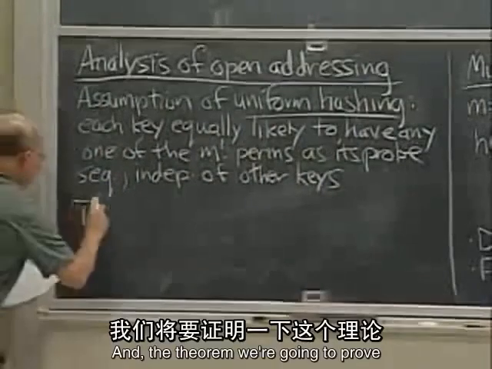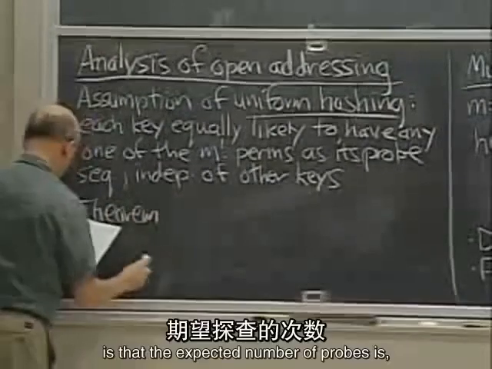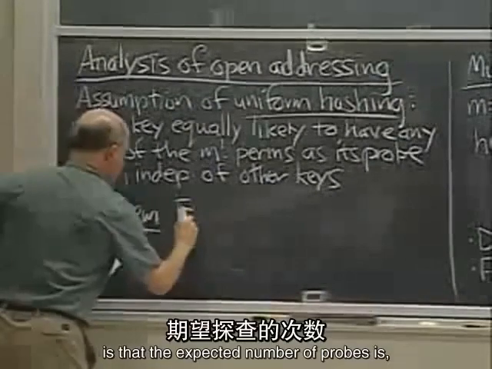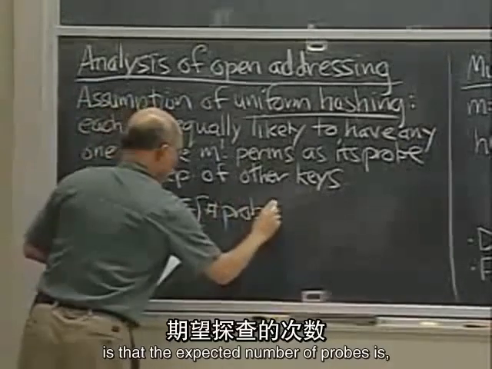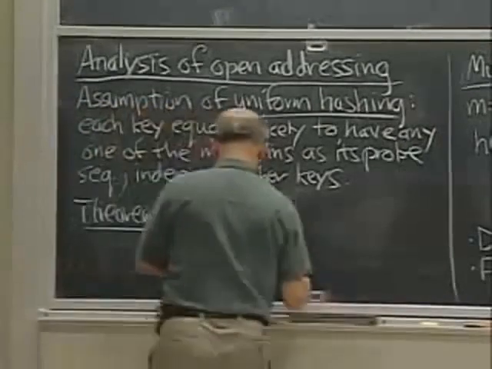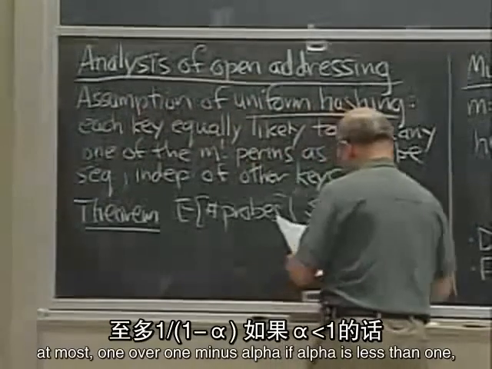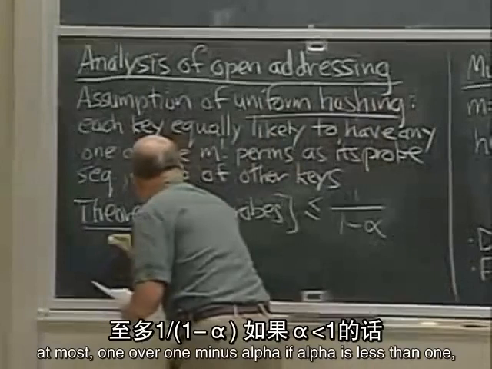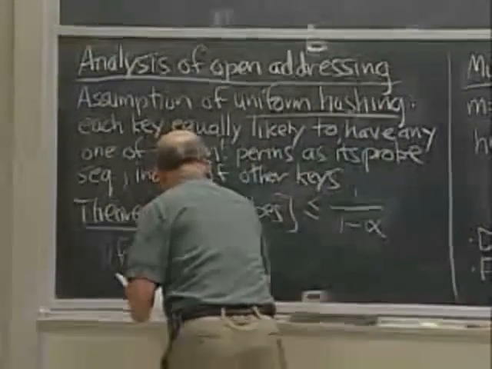The theorem we're going to prove is that the expected number of probes is at most 1 over 1 minus alpha, if alpha is less than 1.